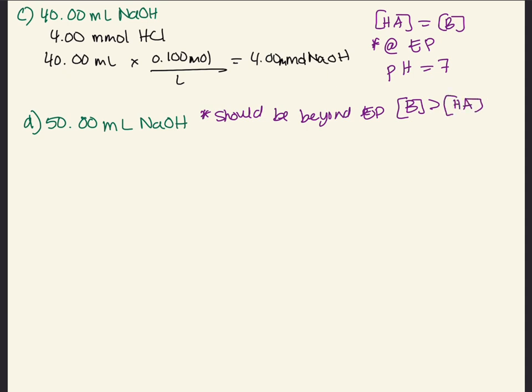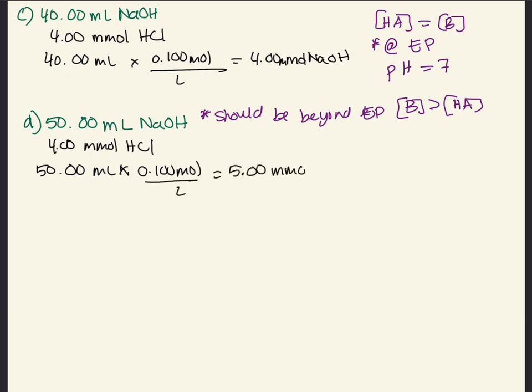So let's check to see if that is true. So I still have 4 millimoles of my acid, and now I have 50 milliliters of sodium hydroxide. I can multiply that by the concentration, and that gives me 5 millimoles of my sodium hydroxide. And I can see here I have more base than acid, so I am beyond the equivalence point.